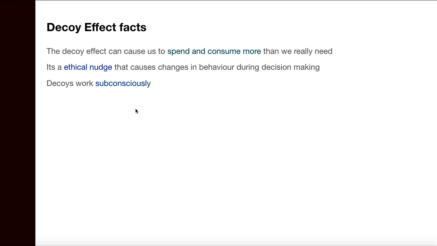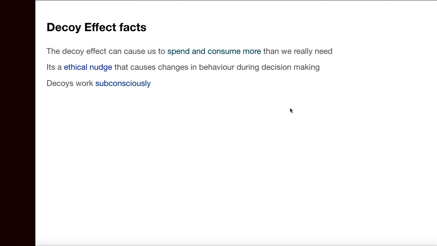The second one is that it's a kind of ethical nudge that businesses use that causes changes in behavior during decision making. So we've seen it. Businesses cannot force anyone to go in for a particular plan or subscription or buy a particular product. But by making these changes, which we call the decoy effect, there are some behavioral changes in human beings, in the way we think, the way we act and the way we make decisions.